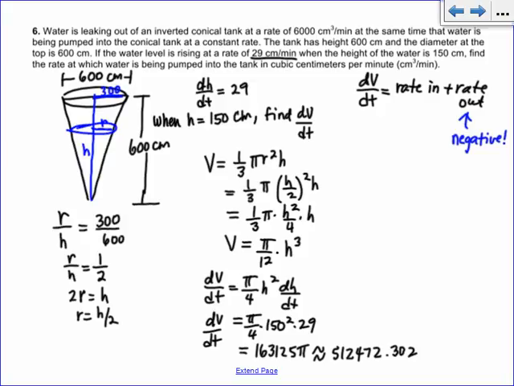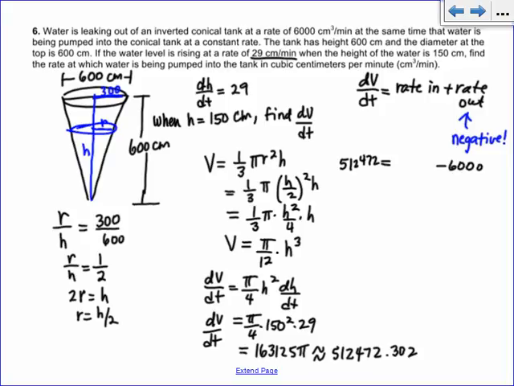All right, so the last thing that we have to do is say, oh, but this was the total rate of change of the volume. And we have water coming in and water coming out, right? So water is leaking out at a rate of negative 6,000. So that means that water has to be coming in even faster than this number that we have.